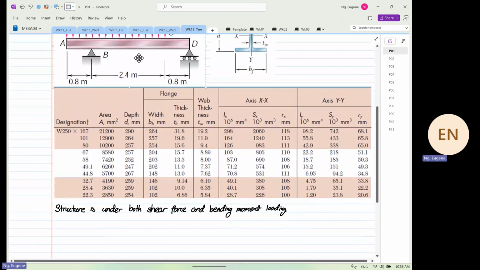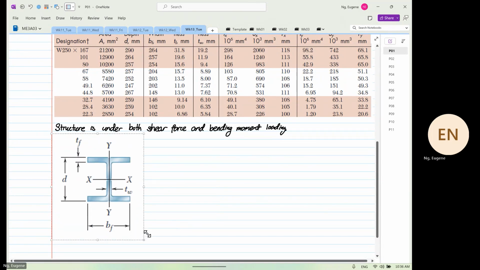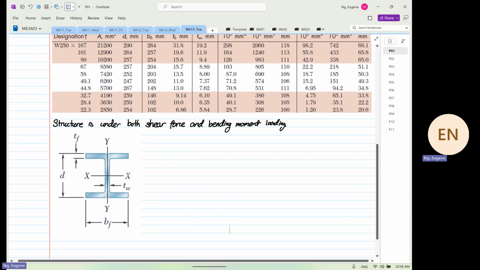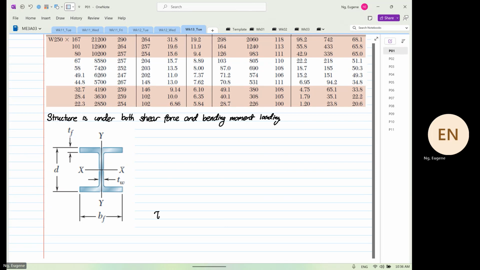So the question is now, if we look at the cross section, right? If we were to just look at this cross section, and if we're going to sketch the shear stress, which is equal to VQ over IT. And for this case, we are going to do thin wall analysis. Right?